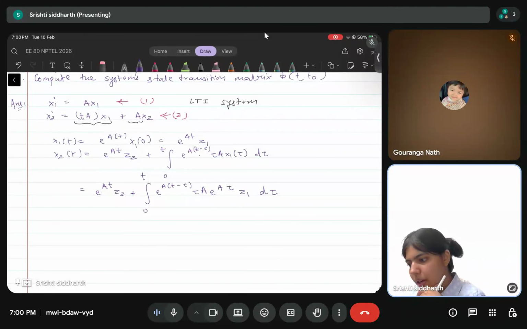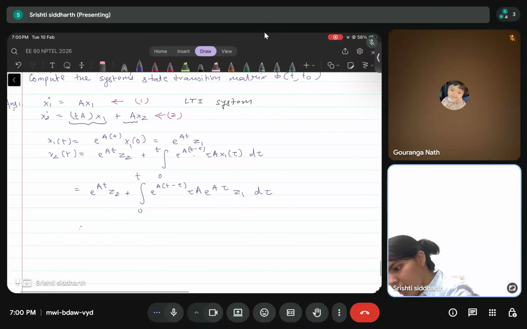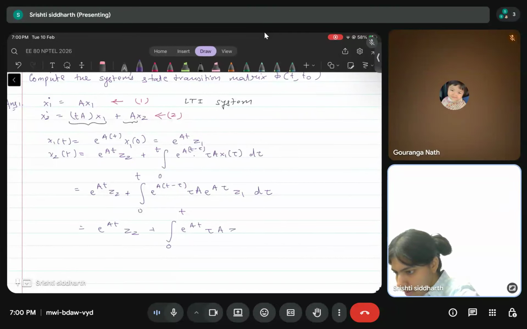Then e to the power A tau and A minus tau cancel, and we have e to the power At times Z2 plus the integral of A Z1.